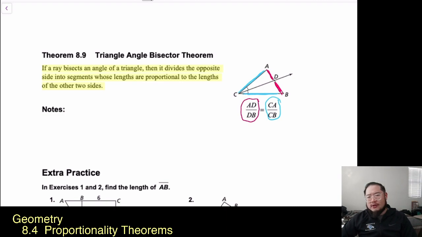CA and AD are right next to each other on the triangle. So that's one way you can think about how to set up your proportion. And the same goes for DB and CB. They're adjacent to one another, and that's how you can put them in the numerator and denominator.